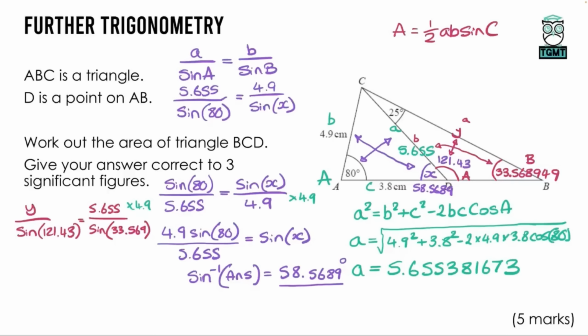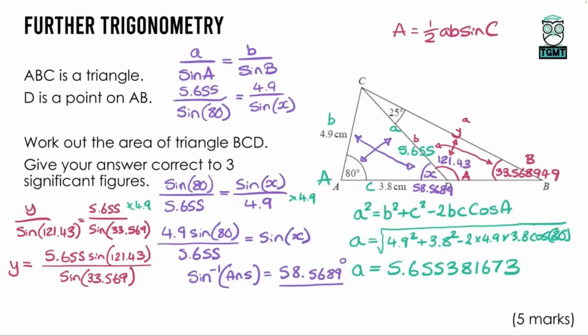I need to rearrange this, so y is equal to, and then I'm going to have the sine 121 up on the top, so 5.655 sine 121.43 all over sine of 33.569. I can just type that all in one go. That is going to give me my answer.